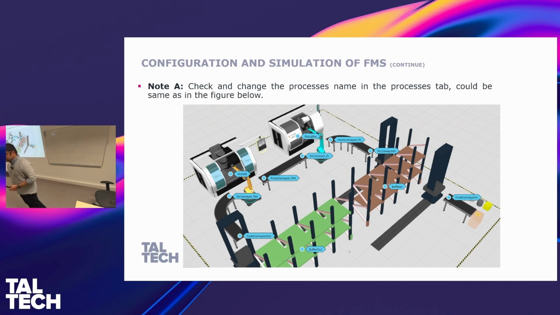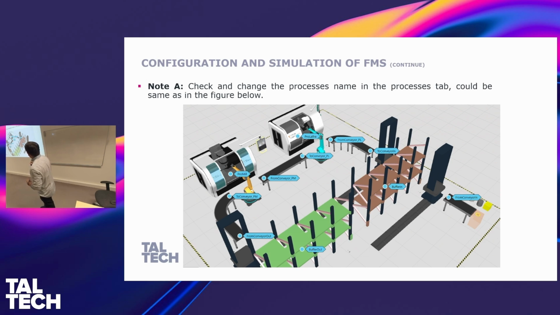So we need to change the names in order to let the controller understand what we are talking about. So from conveyor in, I change the name over here, from conveyor in to buffer in. So if I connect this one to this one, it will understand that I will go for this buffer, not this buffer. So the idea here is to change the names of these process tags.